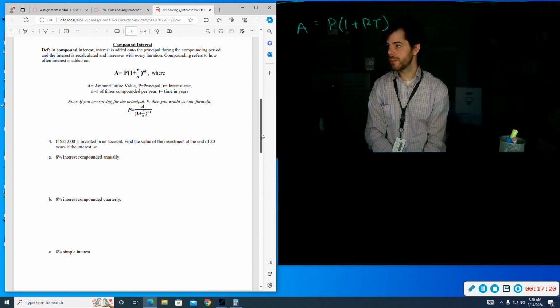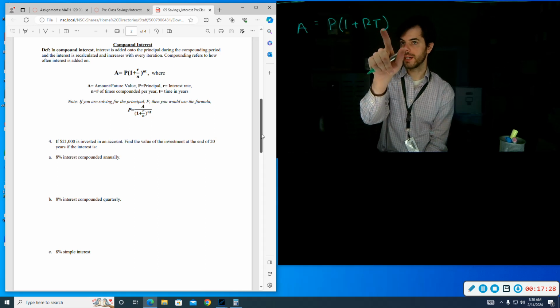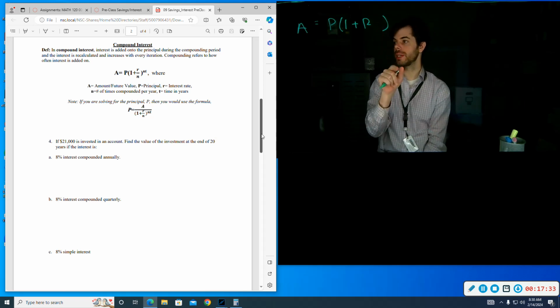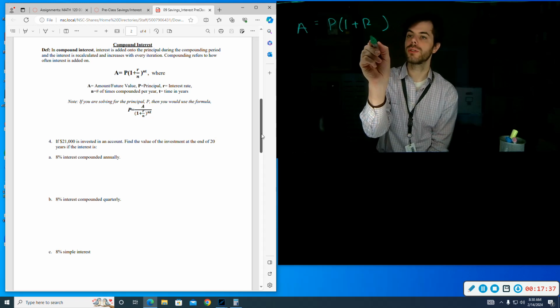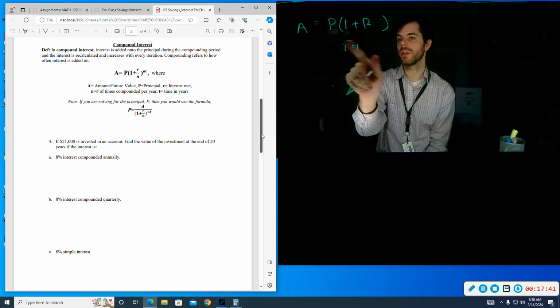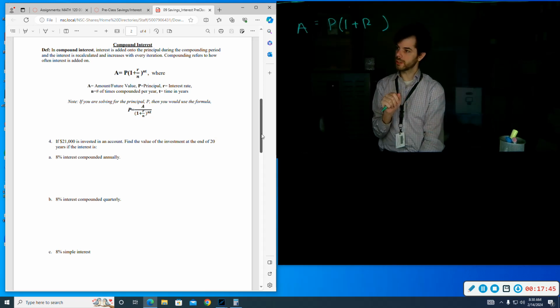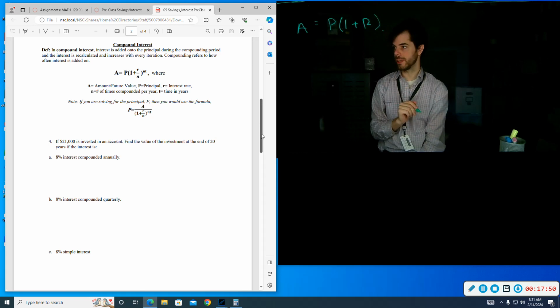Now let's assume that instead of multiplying out time here, we're just going to assume time is equal to 1, because we're assuming we earn interest every single year. So let's assume t equals 1. Well, that means I'm just going to have 1 plus r in there, right? So this is going to be the amount of interest I earn in 1 year.